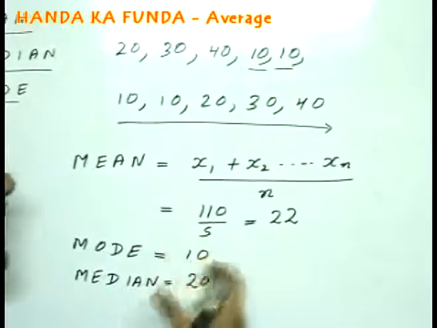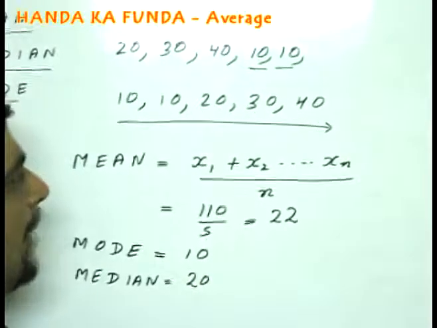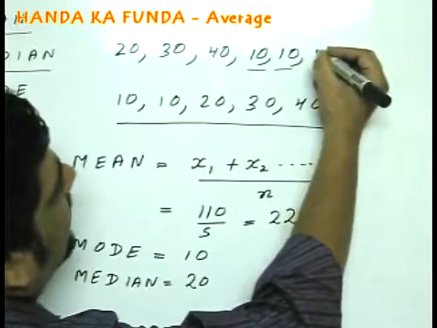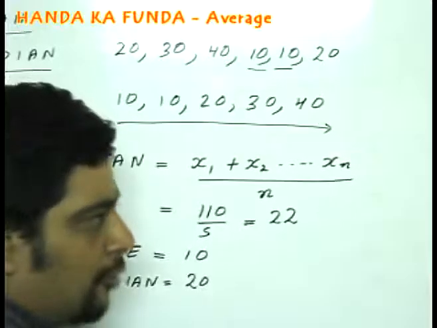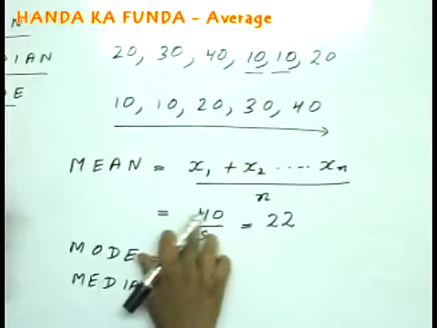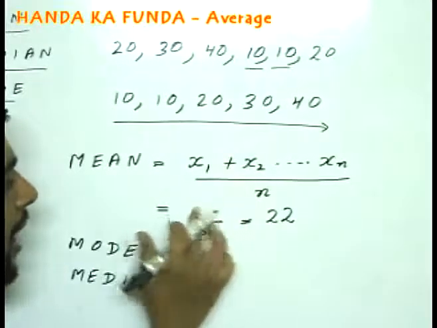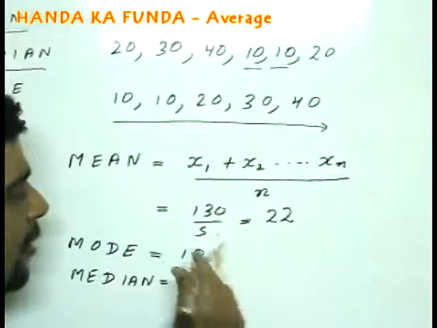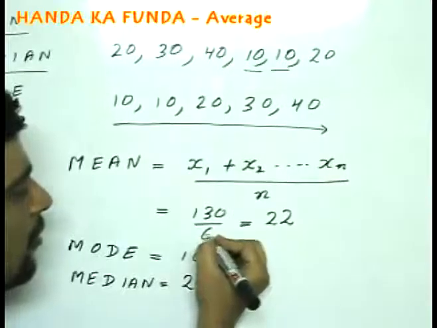What will happen if I add, let's say, one more value to it? Say I add another value 20 to this group. What would happen then? The mean: from 110, the sum will go up to 130 and the total number of objects will go up to 6.